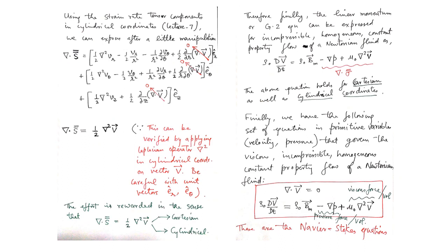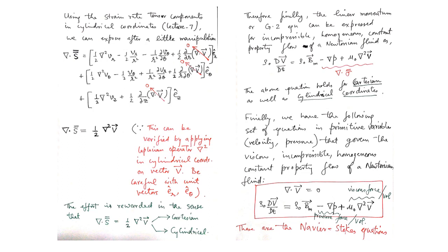We move on now, using the strain rate tensor components in terms of velocity gradients in cylindrical coordinates. We have already given all this in lecture 7: in cylindrical coordinates, what the strain rate tensor components are in terms of the velocity components.